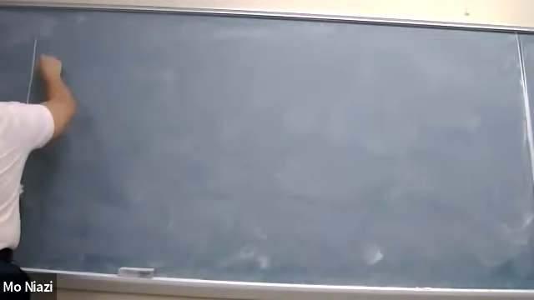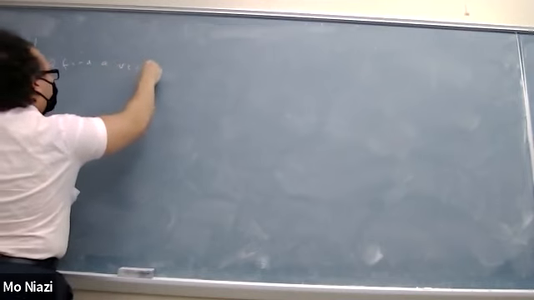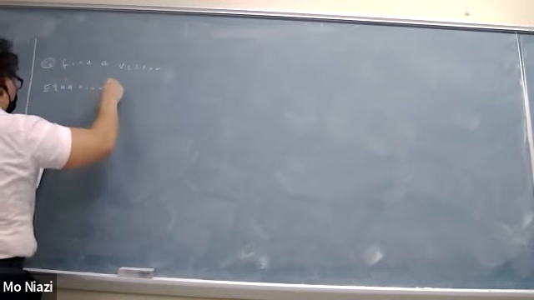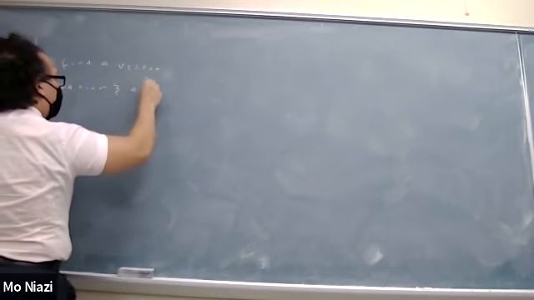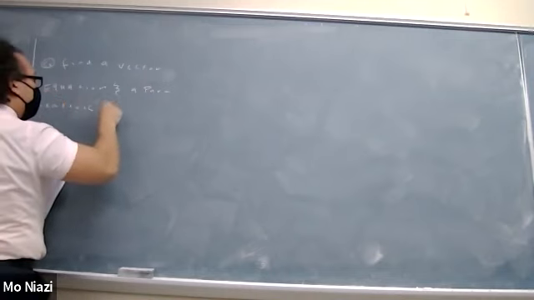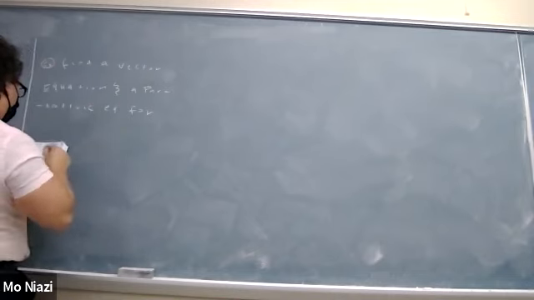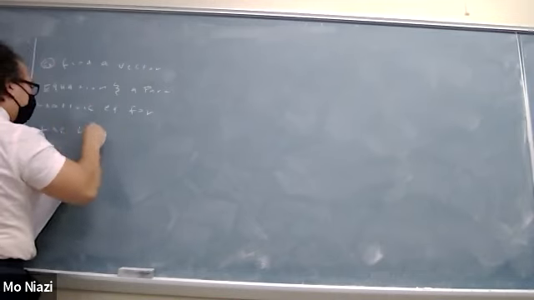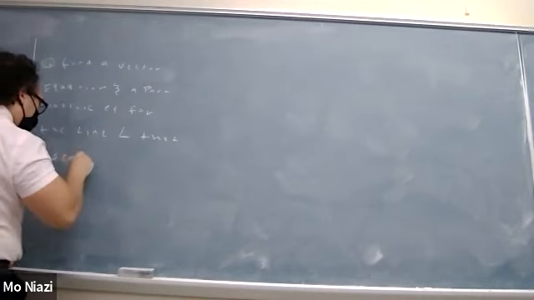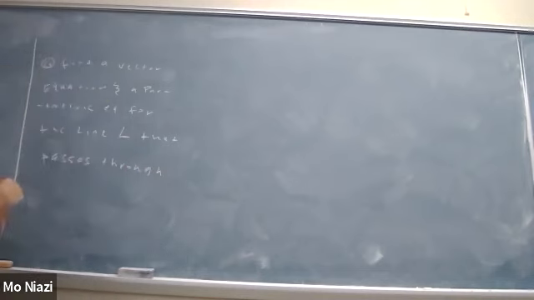So let's say, here's an example. Find a vector equation and a parametric equation for the line L that passes through this point right here.